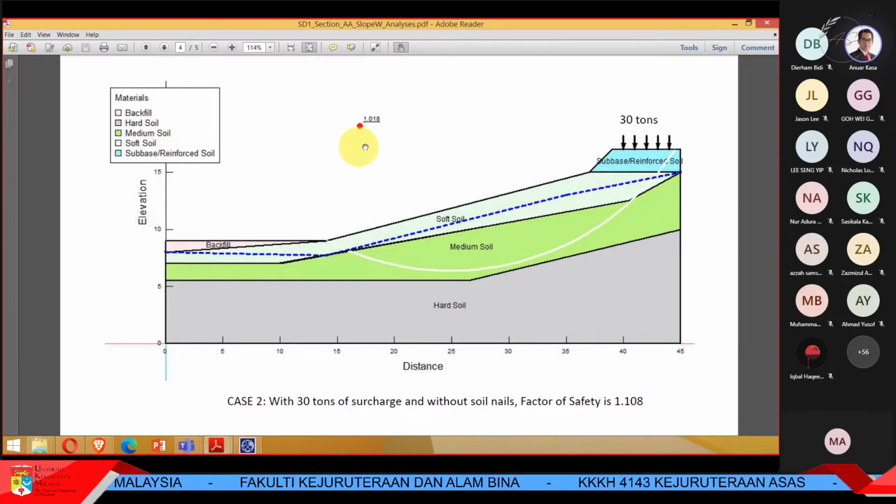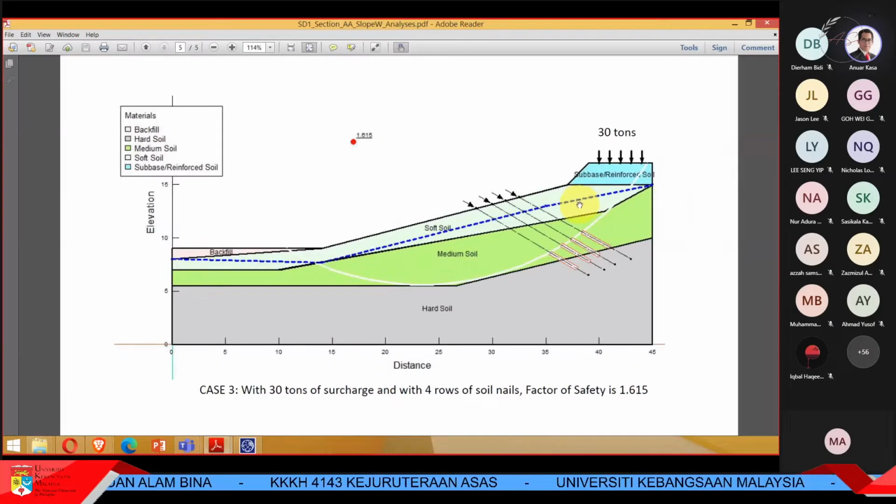It's not allowed. It must be at least 1.5. So we cannot. That's why we need to do reinforcement here. And when we do the reinforcement, we get 1.6 with 4 layers of soil nailing. So yeah, this is what's going to be done. They're going to install soil nailing.